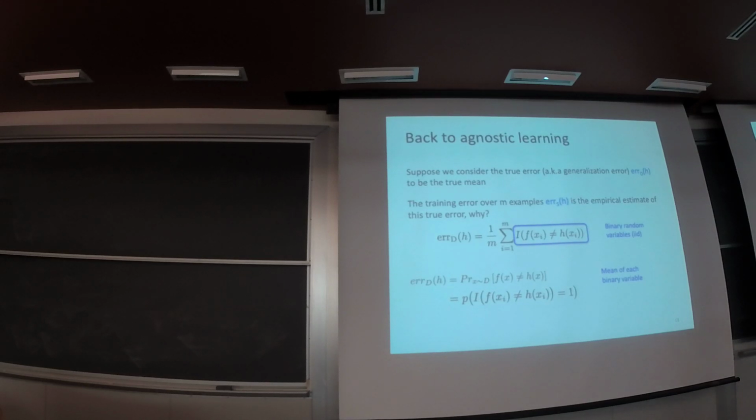So now let us look at those binary random variables. What's the expectation of this binary random variable? For any binary random variable, the mean is simply the probability that the random variable is 1, if you just follow the definition.